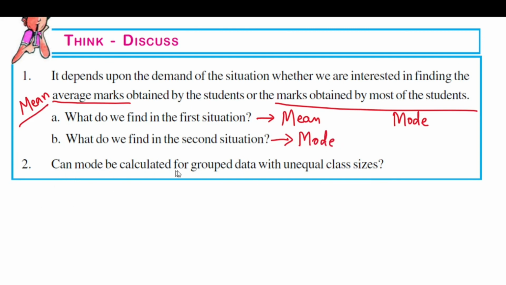Can mode be calculated for grouped data with unequal class sizes? In previous examples, the class sizes are equal. Even if the class sizes are unequal, we can adjust the formula and find the mode. So, can mode be calculated for grouped data with unequal class sizes?